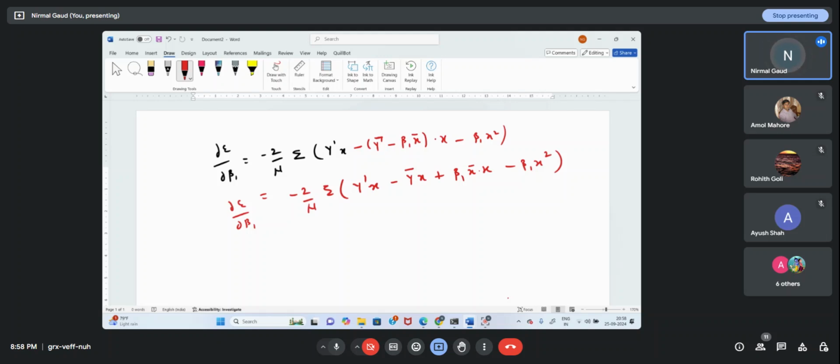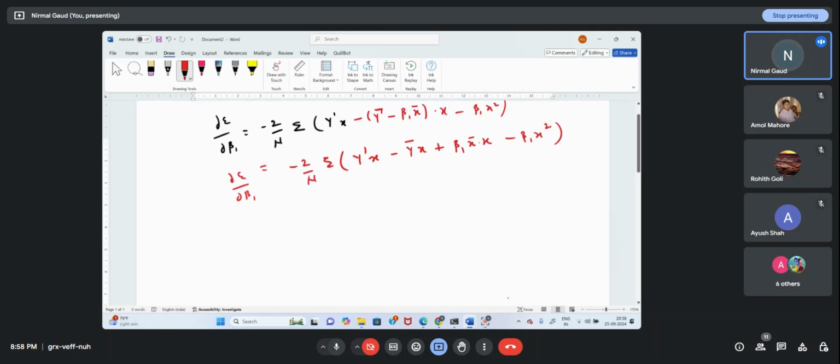Then what I can do is, let's take the summation inside. So minus 2 and also n, so I can make it like an average. So y dash, I can take summation of x divided by n, minus y bar summation of x divided by n.